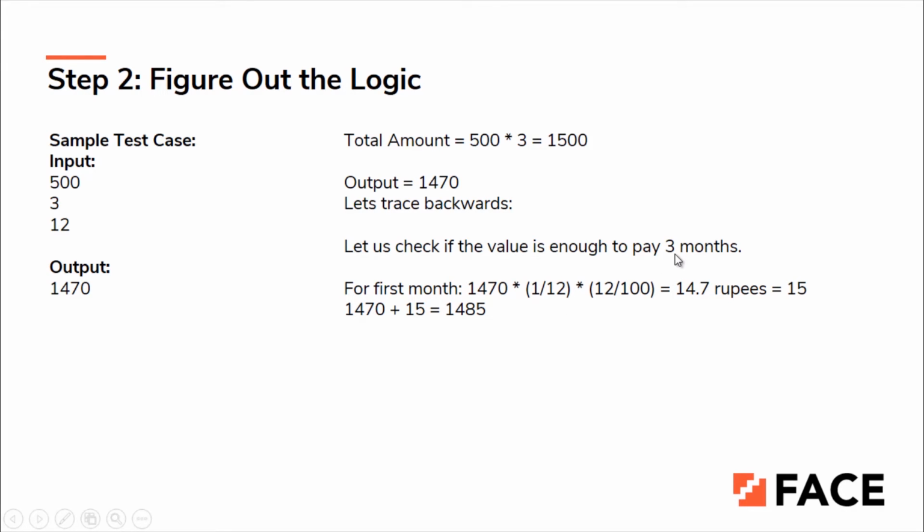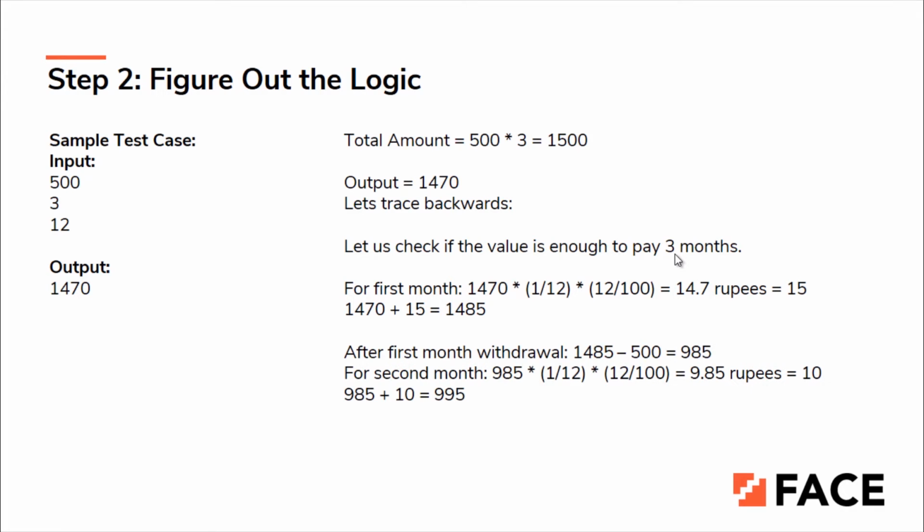I am rounding it off to the nearest integer, which is 15 rupees. So, by the end of 1 month, my deposited value, which is 1470, would be incremented to 1485. Now, by the end of 1 month, the withdrawal will also happen from the TV company. So, if I drop 500 from 1485, my amount would be 985.